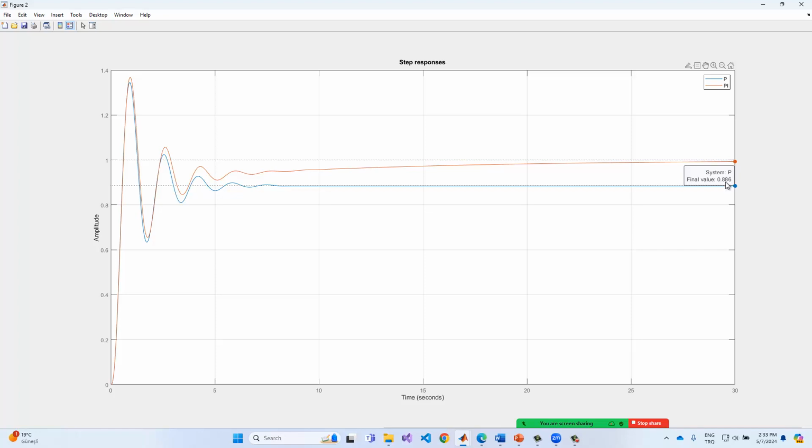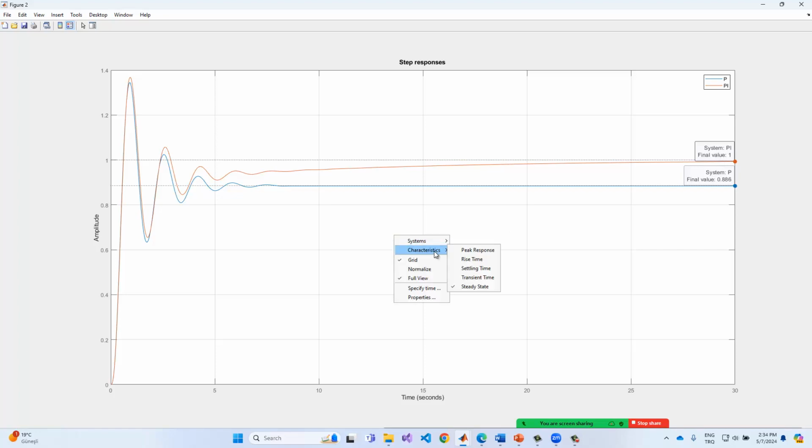We have the steady state error, but in the PI system the final value is 1, which means the steady state error is 0 at the final time, right? And so the integral controller design suppresses the steady state error, right?